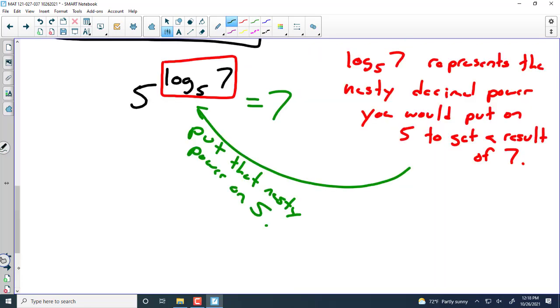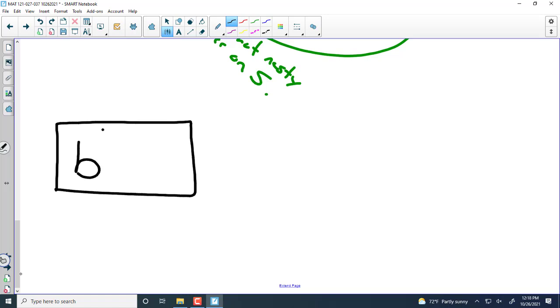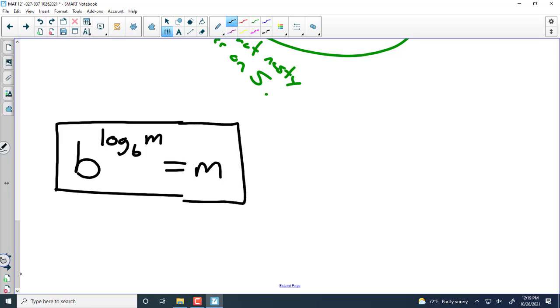What you really have is a rule that says if you have a base, I don't know why I draw my box before I finish writing the formula. You get this. Base to log base b of m equals m.